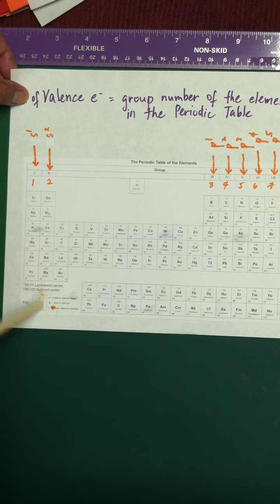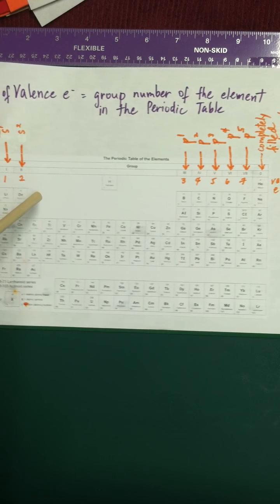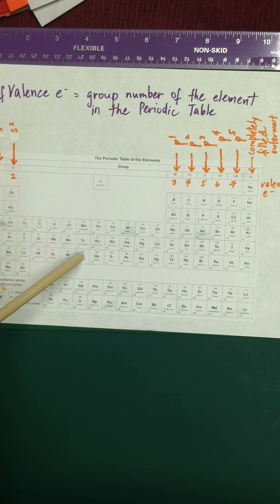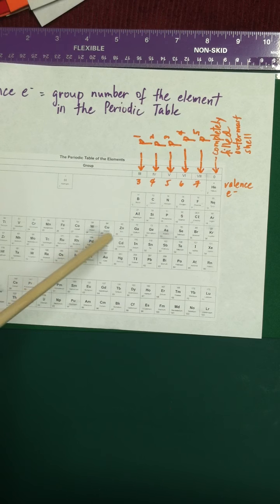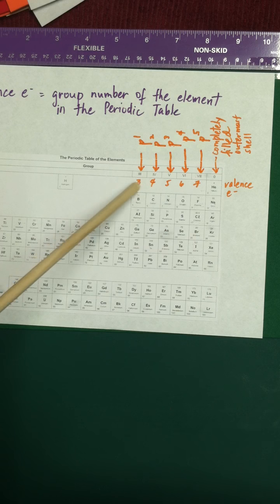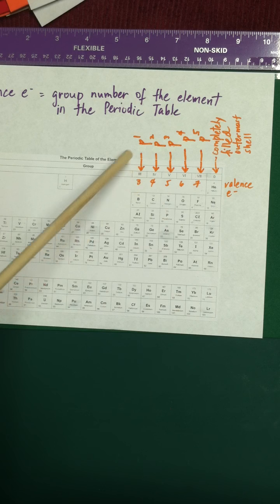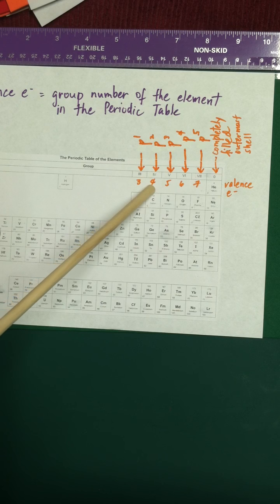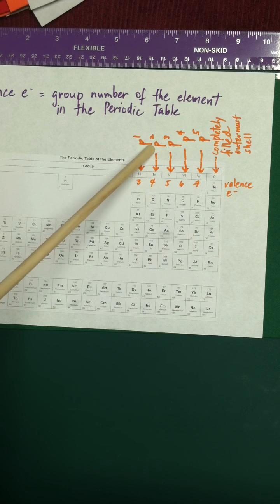Group 2 has 2 valence electrons, and the electronic configuration ends with an s2. Group 3 has 3 valence electrons. The electronic configuration ends with a p1. Group 4 has 4 valence electrons. Electronic configuration ends with p2.